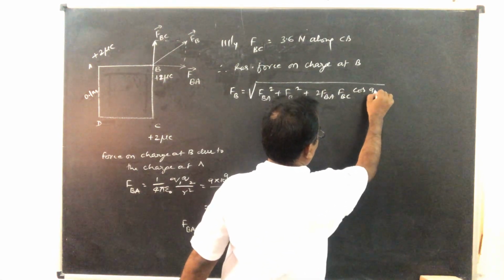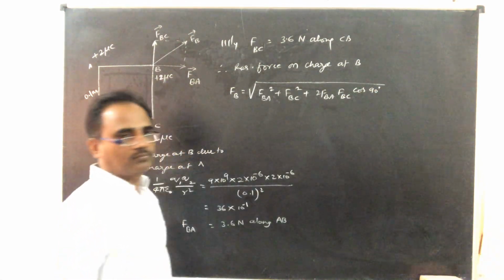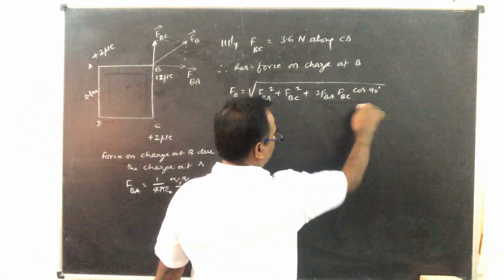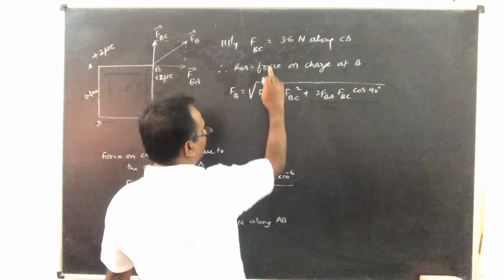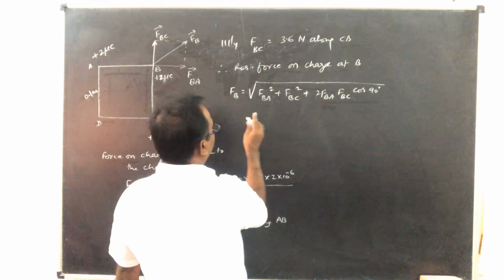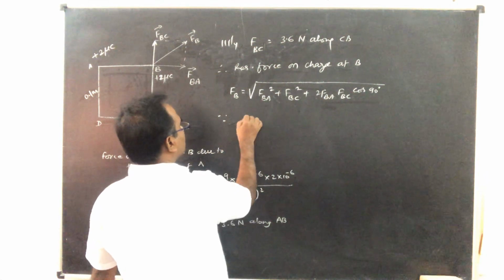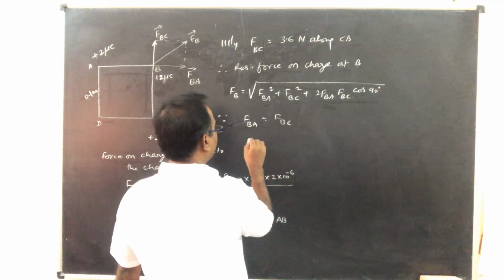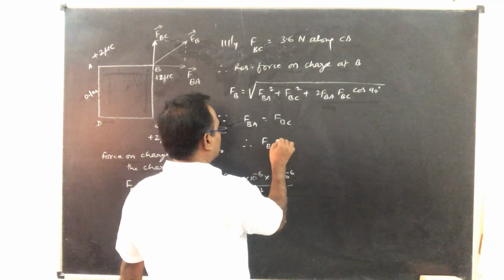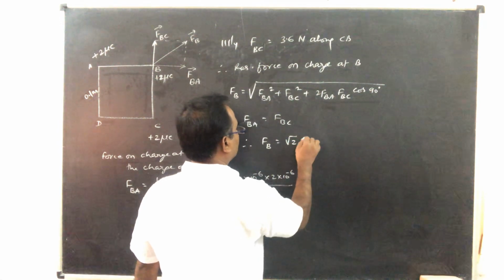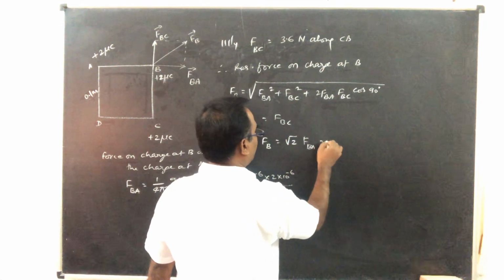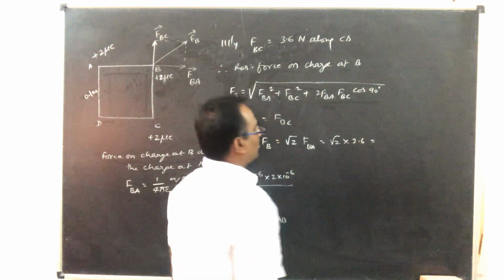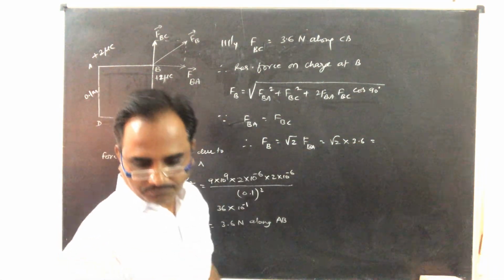It is 90 degree. So here this term will become 0. FBA, FBC, they are equal. So since FBA is equal to FBC, this is root 2 times FBA, that means root 2 into 3.6. You do this calculation.